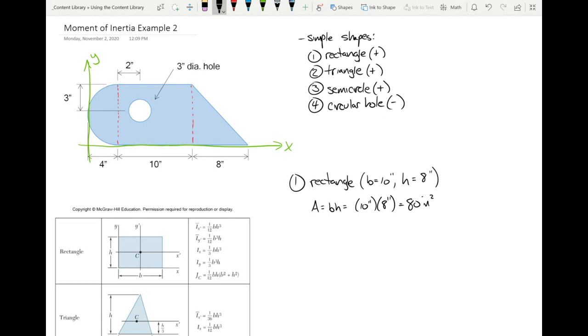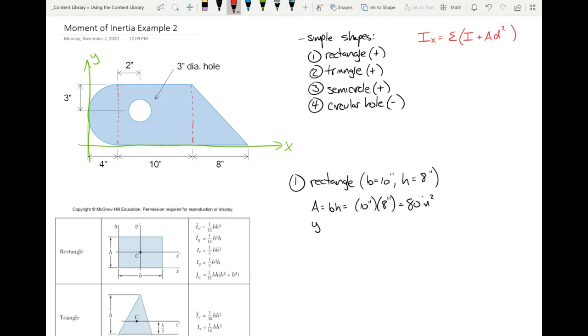The next thing I'm going to compute is the y distance. Whenever you're computing the moment of inertia with respect to the x-axis, you need your y distances. So we're saying Ix is the sum of I plus A d squared.